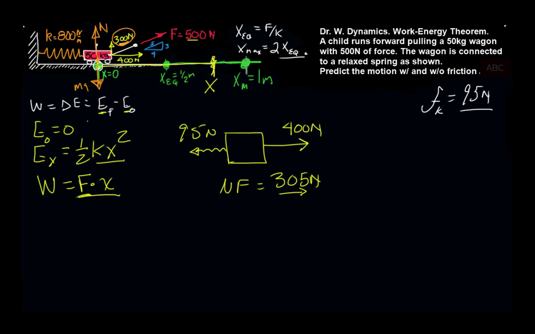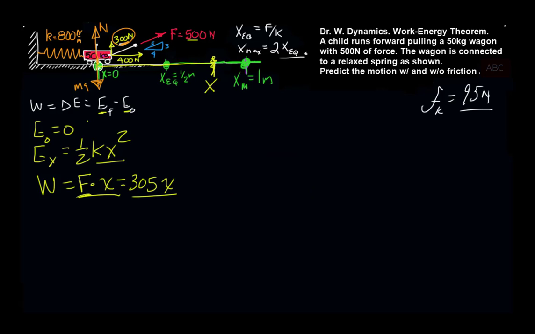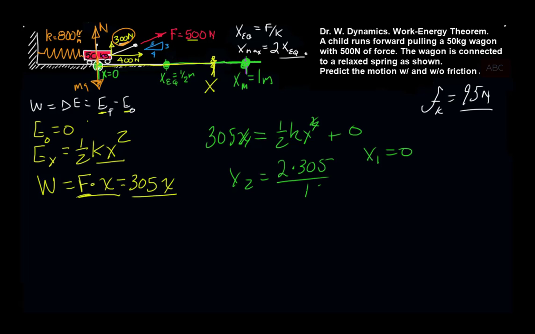So the work being done is now 305x. The work, 305x, is equal to the energy, 1/2 k x squared, at the final position plus none of it in the beginning. And we'll find again that x1 is 0, and x2 is 2 times 305 divided by k, which is 800.